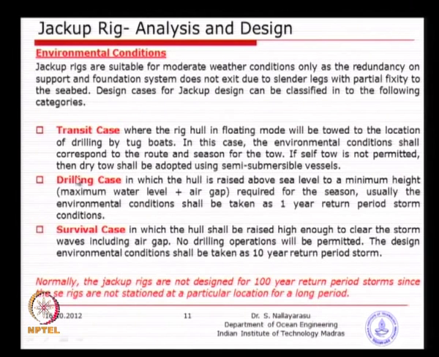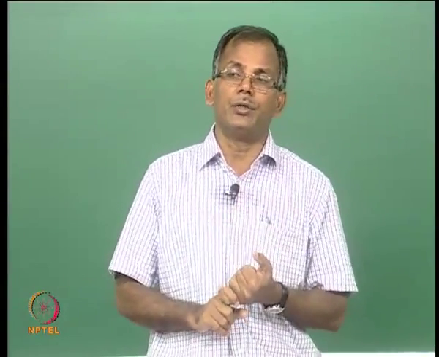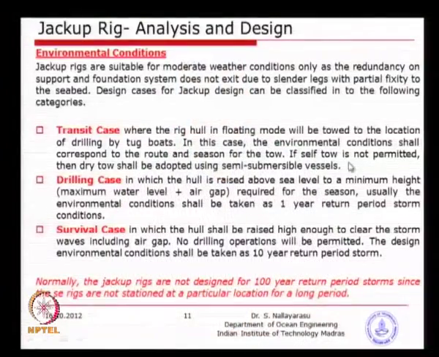So, basically for the survival case we need to look for unforeseen environmental conditions which can occur any time during that 1 year. It can be a 100-year storm, or a 10-year storm, or a 1 year storm. So, it is mandatory that we design for 10-year return conditions, but no drilling operations.